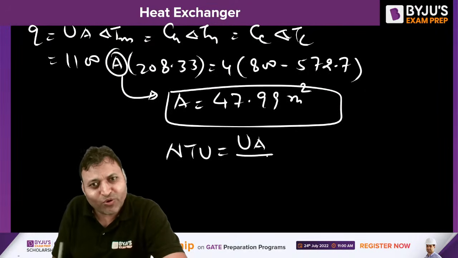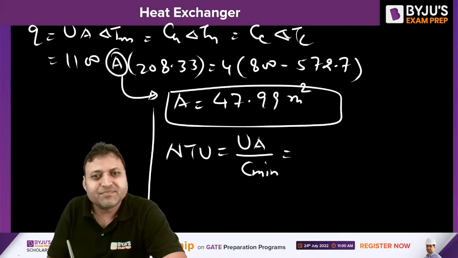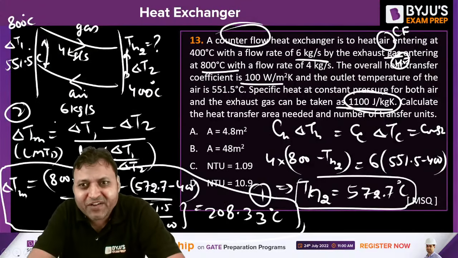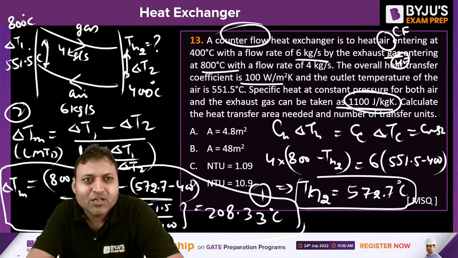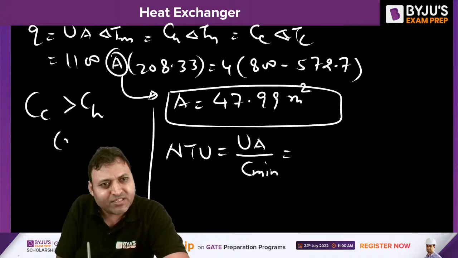That is U into A by C minimum. That is NTU. And what is C minimum? Ch or Cc. The specific heat is the same for both, so the mass flow rate will decide. So we can say Cc will be more than Ch, because m dot C of the air is greater than that of the exhaust gas.